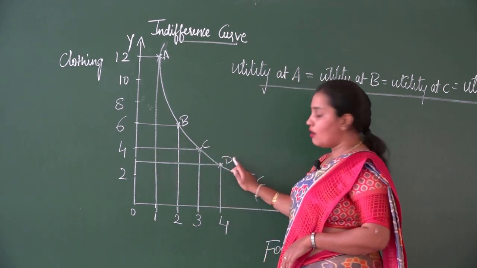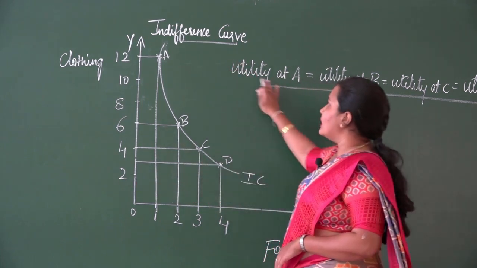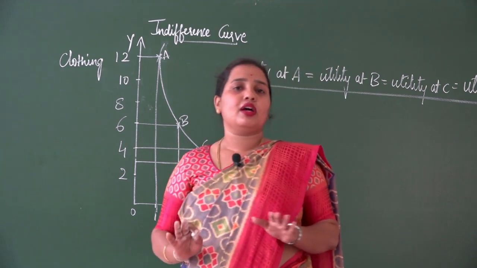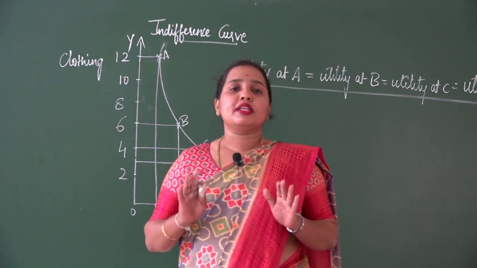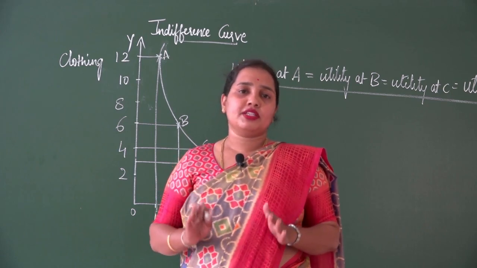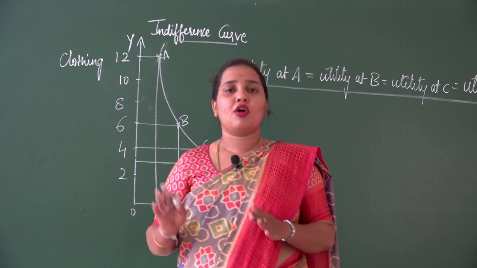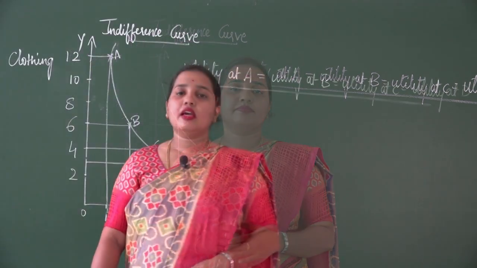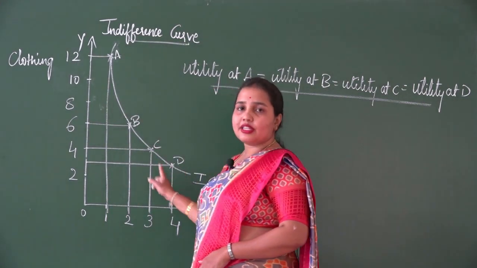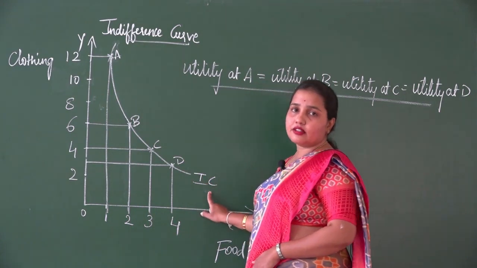Combination D consists of 4 units of food and 2 units of clothing, and the utility derived at each combination is equal. That is why the consumer is indifferent towards the product, because each of these combinations gives him the same level of satisfaction. The utility derived at all these points is equal. Therefore, this curve becomes the indifference curve.